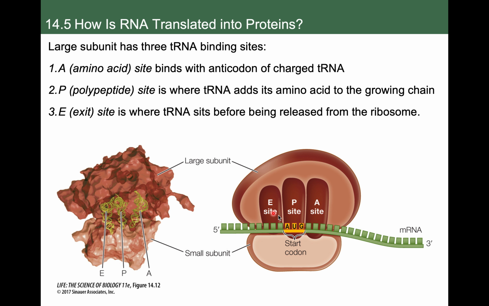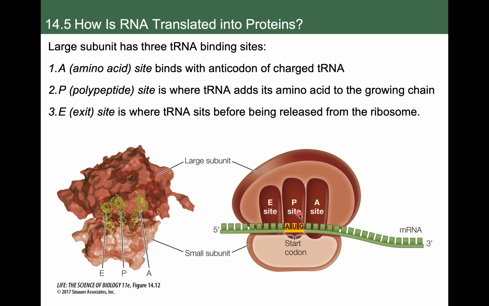But the A site, which is sort of the entrance on the ribosome, the A stands for amino acid because this is where your growing amino acid chain is going to spend most of its time attached to tRNAs in this A site.